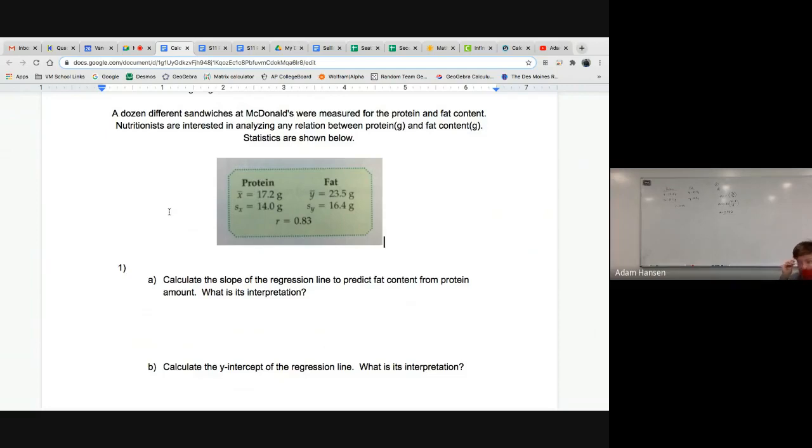X represents what? Protein. Y is the fat. So instead of using X and Y, name those variables. As the amount of protein changes by 1 gram, as the protein increases by 1 gram, what's going to happen to the fat content? Increases by 0.972.